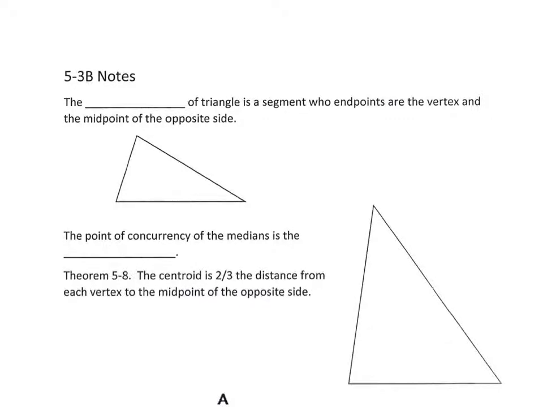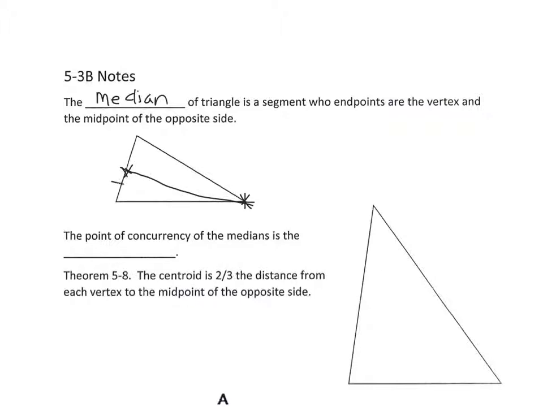The second part of 5.3 is more points of concurrency. So the median of a triangle is a segment whose endpoints are the vertex and the midpoint of the opposite side. So here's a vertex, here's the midpoint of the opposite side, and connect them.